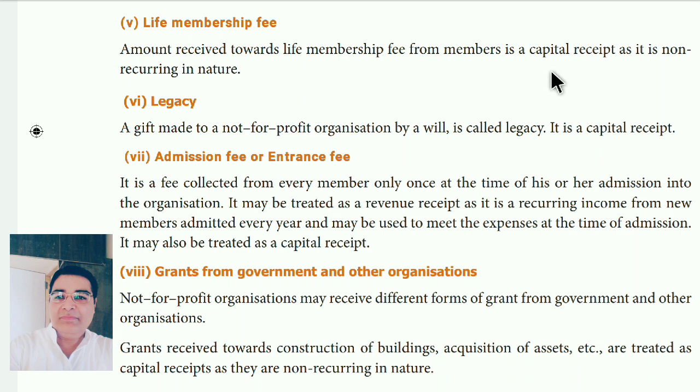The sale of old newspaper is a revenue receipt, but this is a capital receipt. Now one more line you have to write here, that is, it is entered on the liability side of the balance sheet. This life membership fees is entered on the liability side of the balance sheet. Understand? So this is your fourth very short answer.